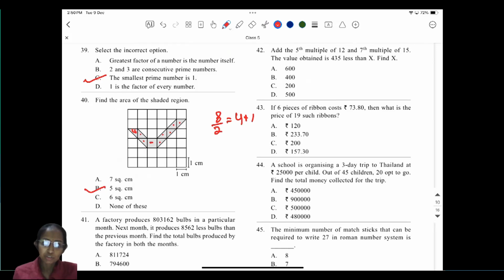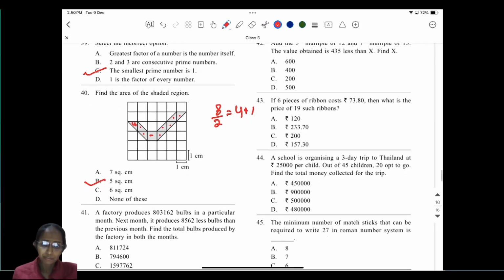Now the 41st question, a factory produces 8,03,162 bulbs in a particular month. Next month, it produces 8,562 bulbs less than the previous month. Now find the total produced bulbs by the factory in both the months.